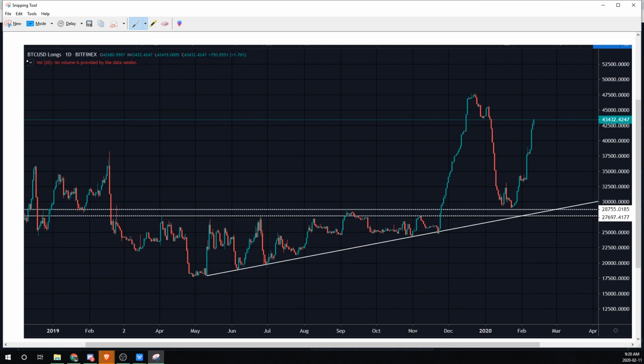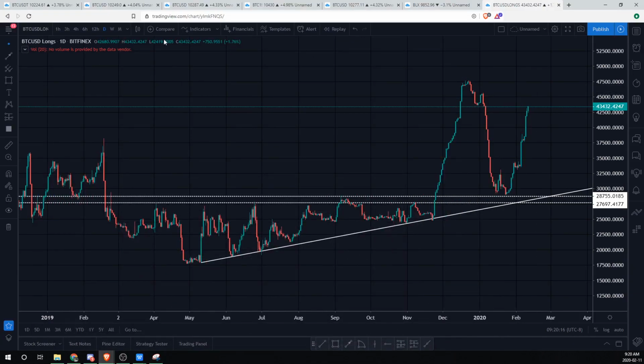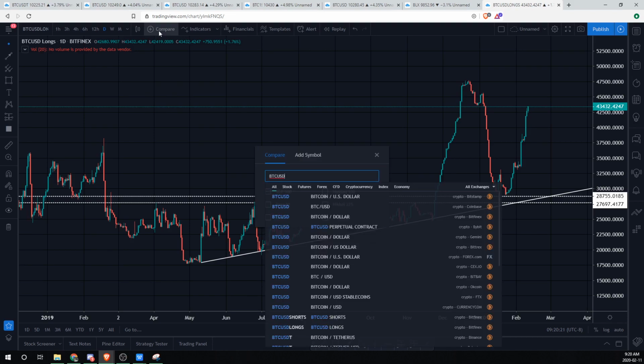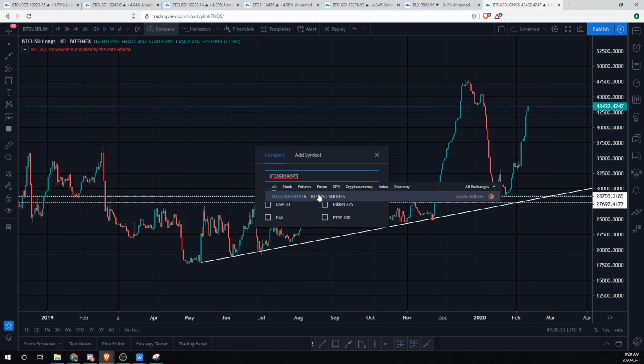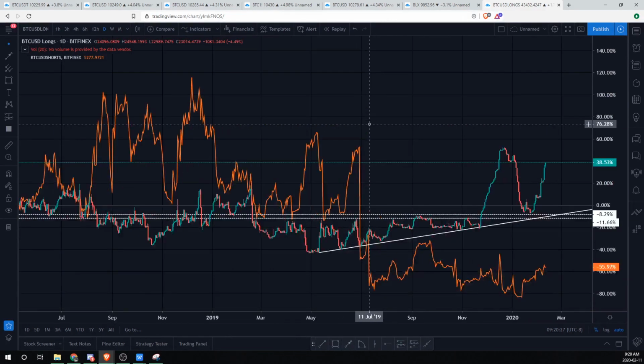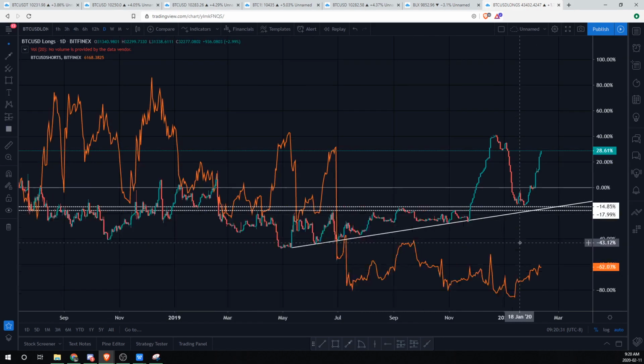The BTC USD shorts will basically be the polar opposite of this chart. Actually, let's do a comparison. Not a perfect comparison, because we do see an increase in shorts as well.